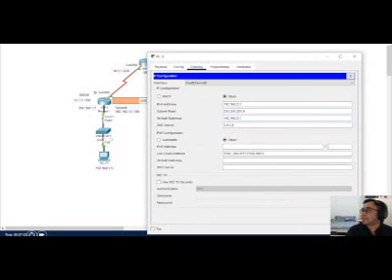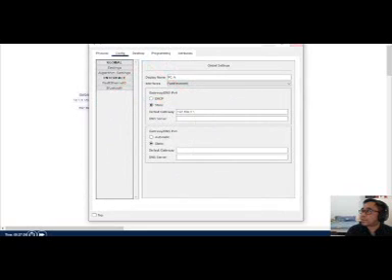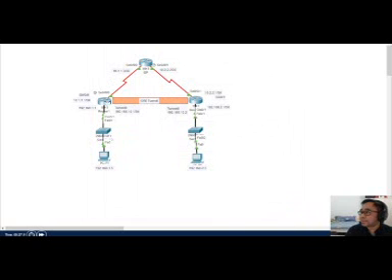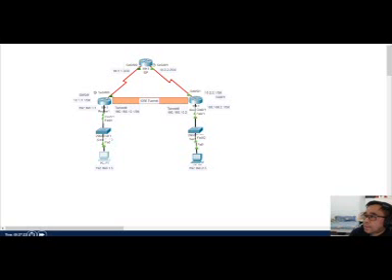Okay, correct. Let's try to ping 192.168.1.5.